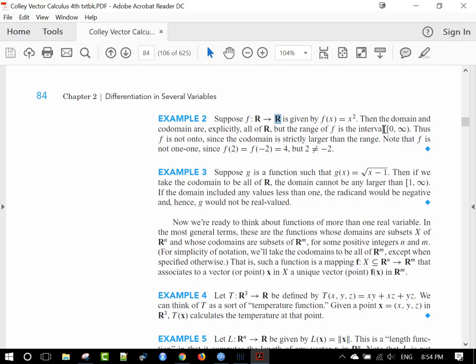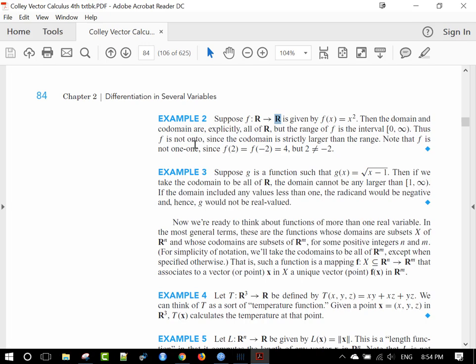So the range is only 0 to infinity, so it's only non-negative. So f is not onto because we specified that the codomain is R, but the range is not all of R. So not all of the codomain gets hit.